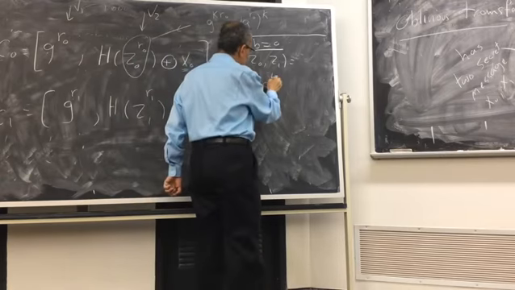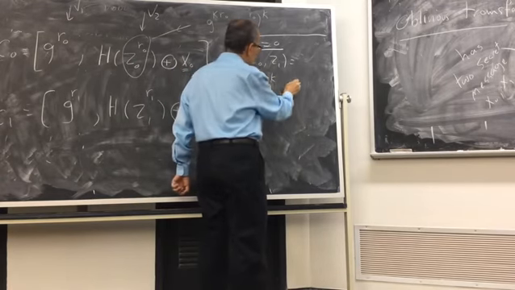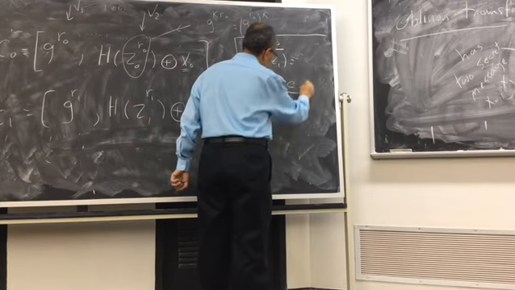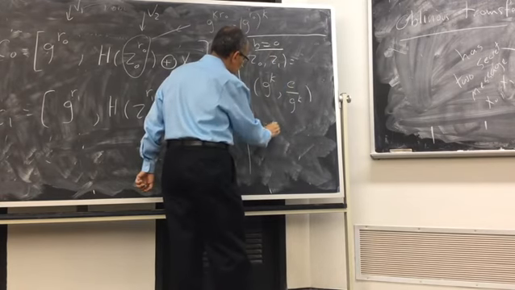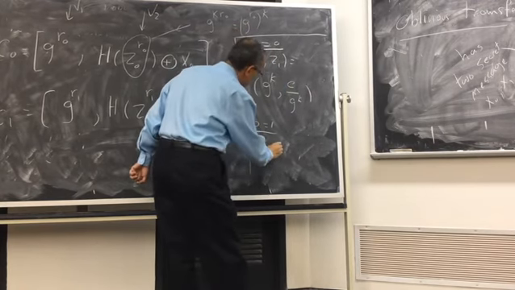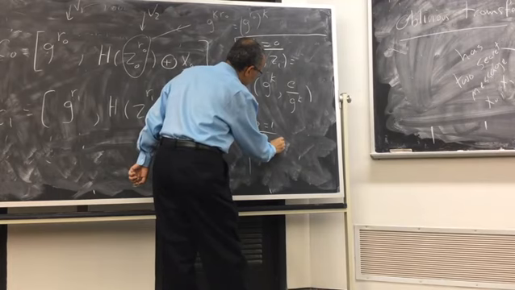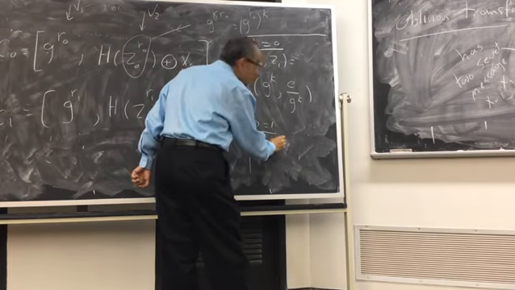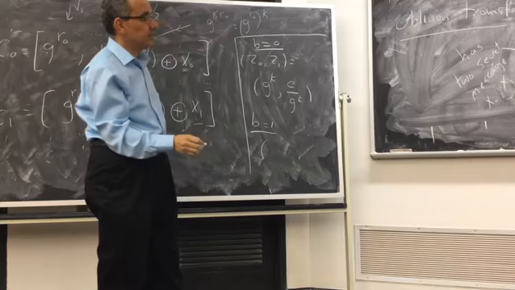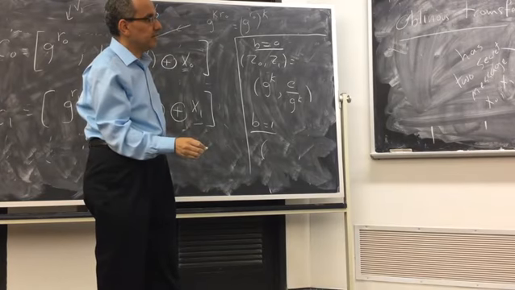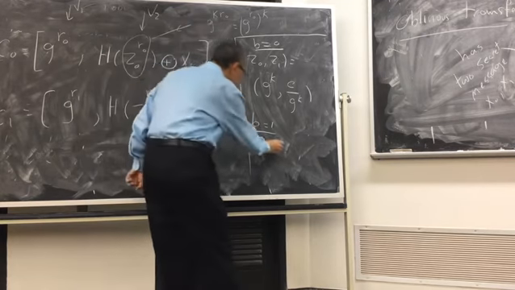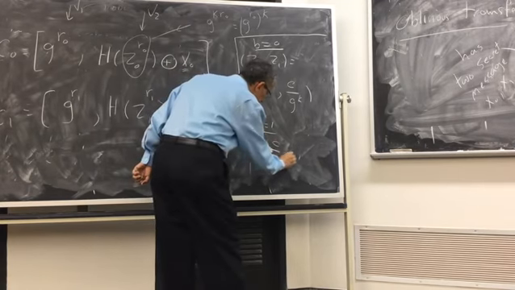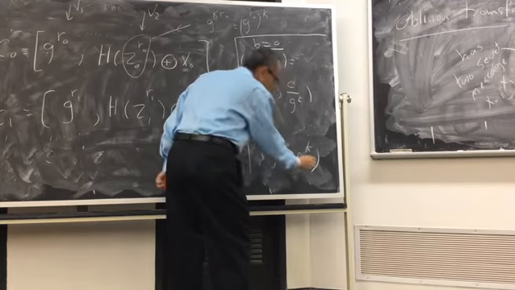GK, C over GK. And if B is equal to 1, no, it's the other way around, right? If B is equal to 1, then I will have C over GK, and this is GK, right?